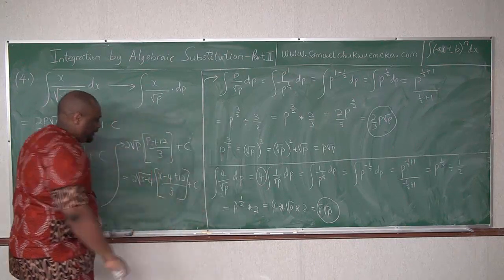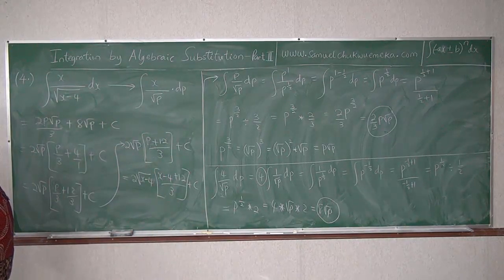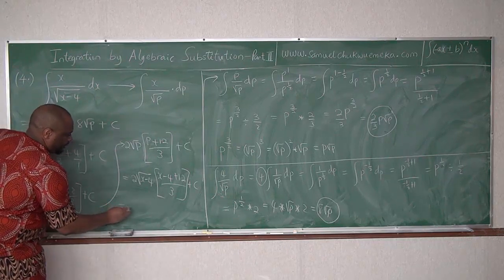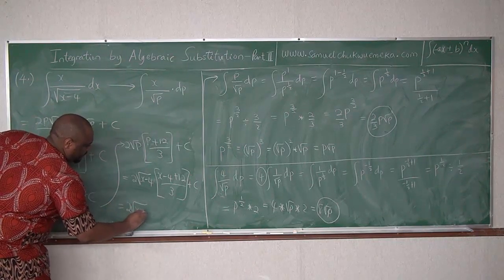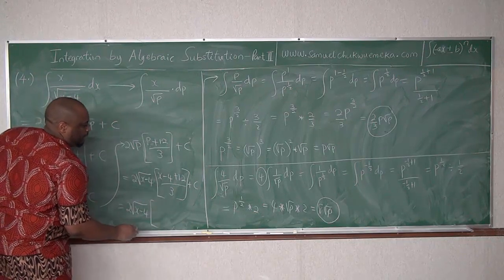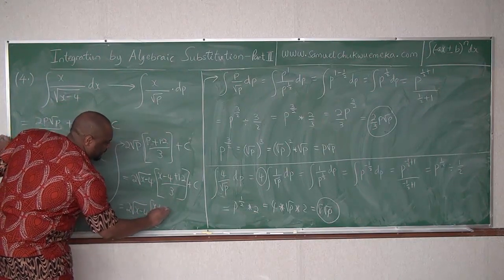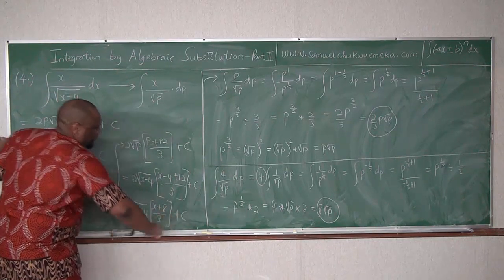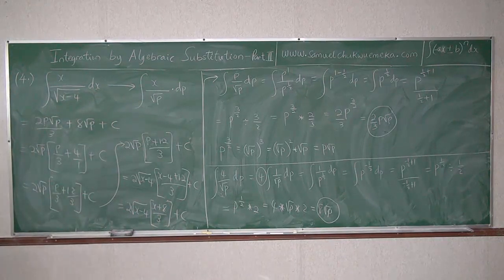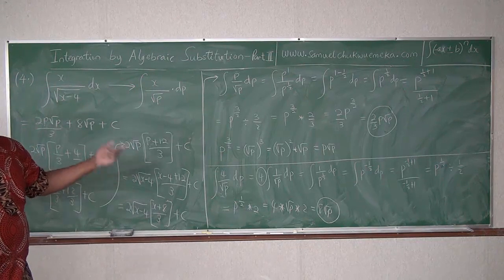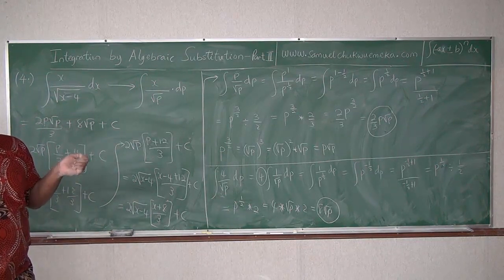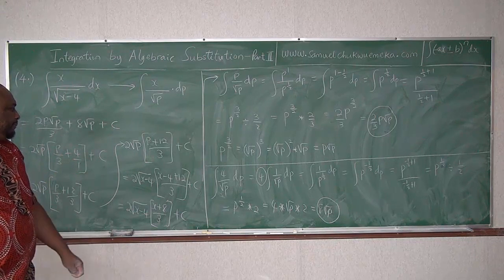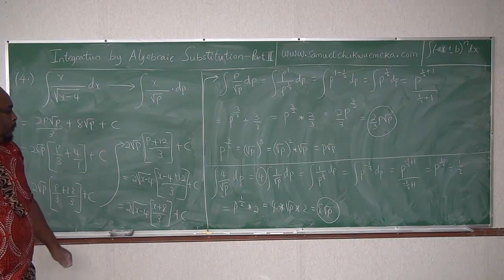Our final answer will be 2 square root of x minus 4 times x plus 8 over 3, plus c. And that's it. If you want to expand, that's okay, but this is simplest, in the factored form.